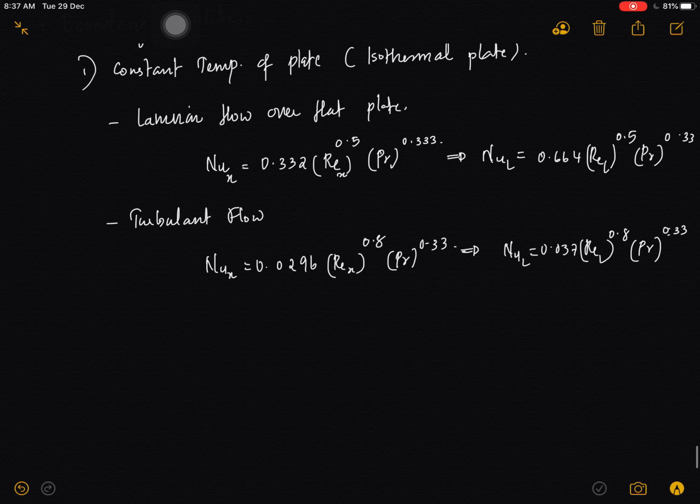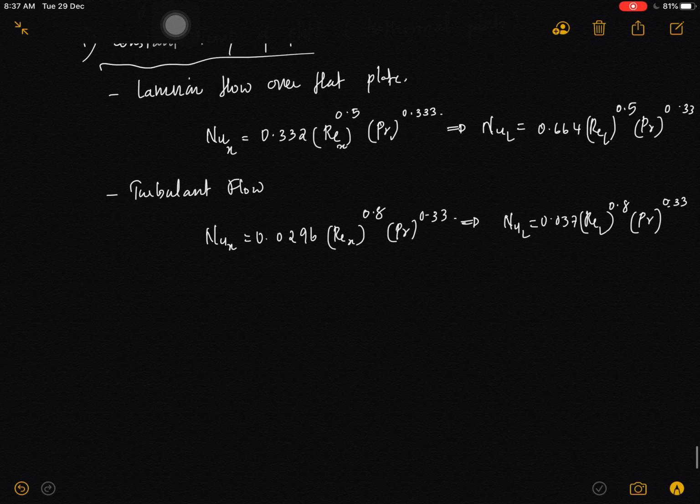So these are for the first boundary condition, that is constant temperature boundary condition.